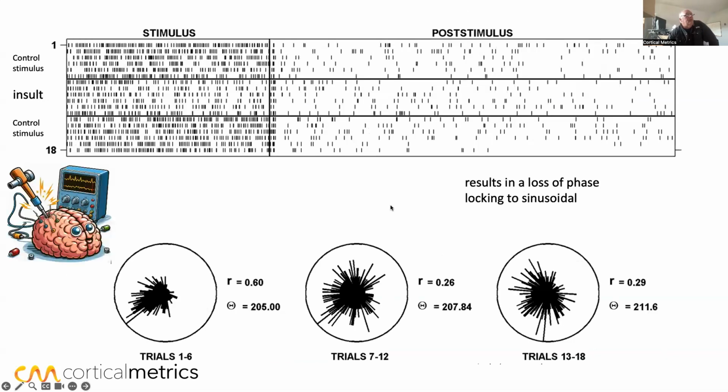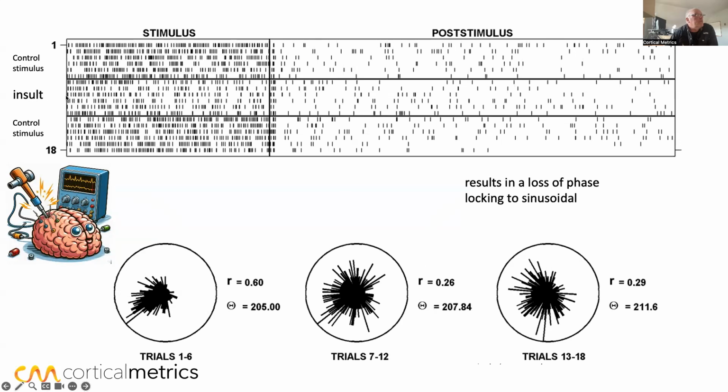So what do we see? One thing to remember is that when we have a stimulus here, this is a control stimulus. This is the same stimulus, but with an insult provided, and then another control stimulus. First, you see a fairly focused radial histogram here. You see a messy histogram here, and still a messy histogram here.